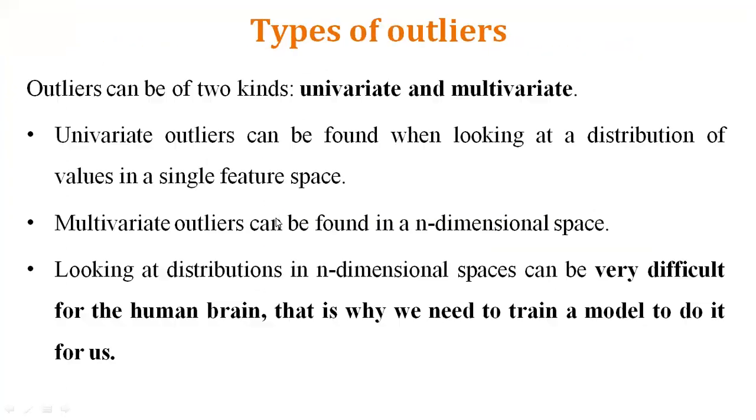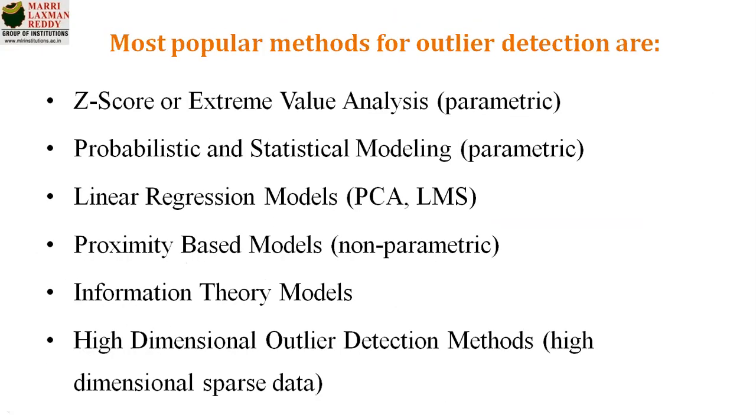Now you are going to learn about different types of outlier detection methods which belong to parametric, non-parametric, and other high dimensional data set methods. So z-score, which is the most common and very basic analysis method, belongs to the parametric outlier detection methods.